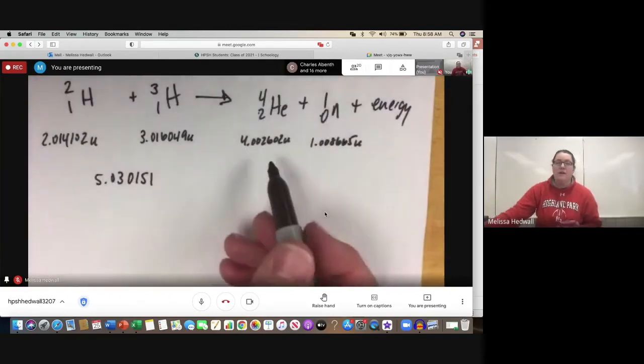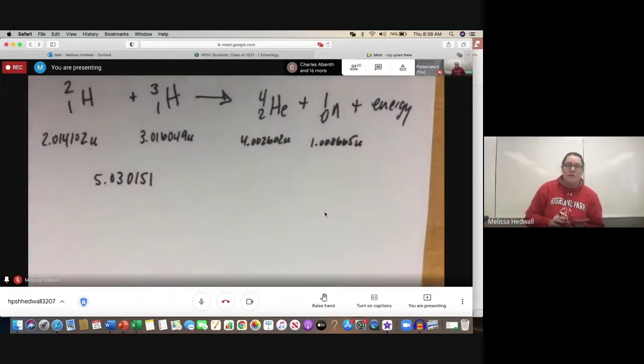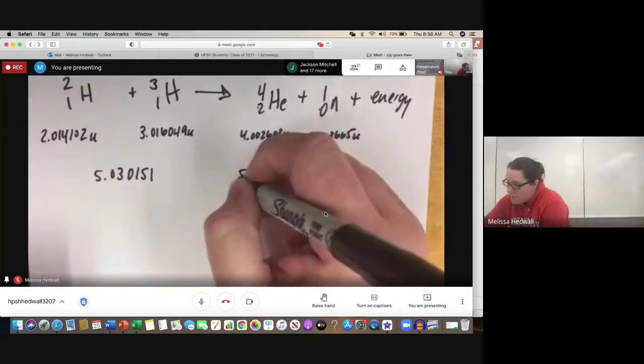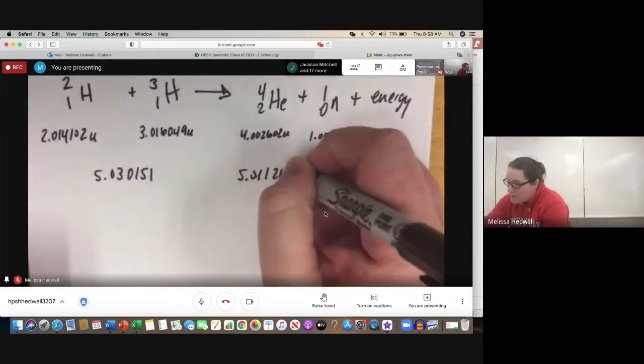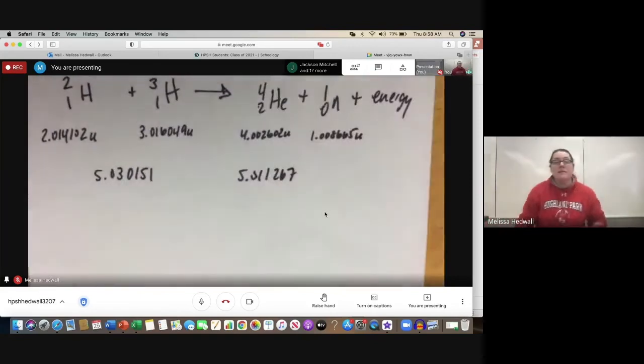When I go over to the helium, I have 4.002602 plus 1.008665 for my neutron, and I get 5.011267. And so I have a mass defect here.